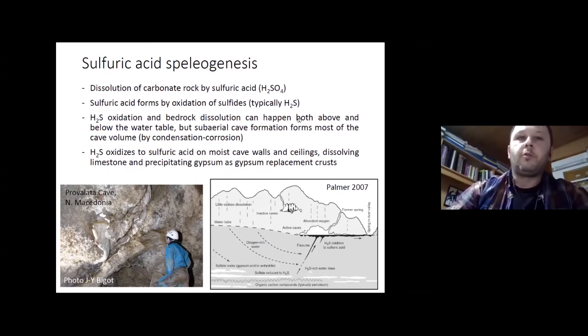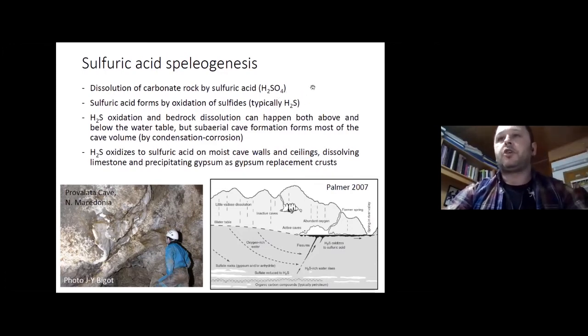It can also form by oxidation of other sulfides, for example pyrite. But in more extensive cave systems, it hasn't been found to be such a potent agent, although it can have a significant impact. Typically in this kind of cave, it will be the oxidation of hydrogen sulfide gas originating from depth.